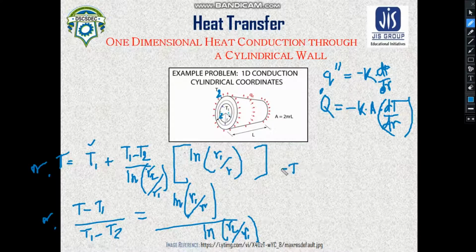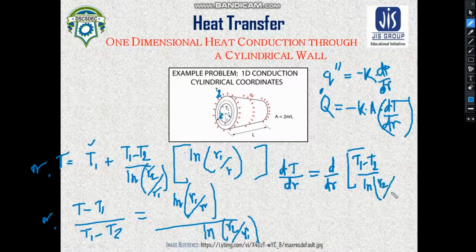I will rather write the differentiation. dT/dr can be calculated like this: T1 minus T2, which is obviously a constant, because this function will not change with respect to r, since there are no terms which involve r. But if we expand this term, we will see ln r1 minus ln r.